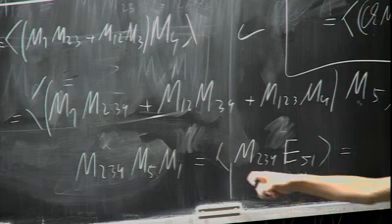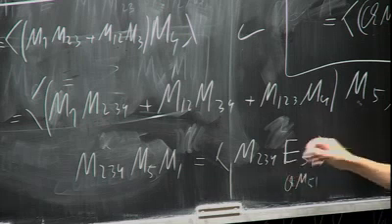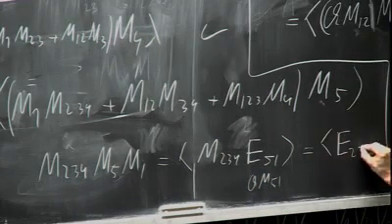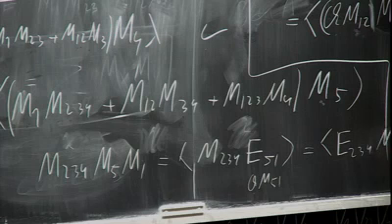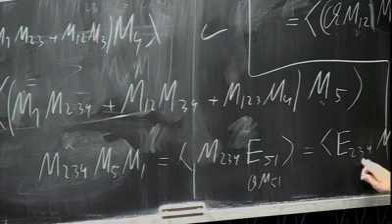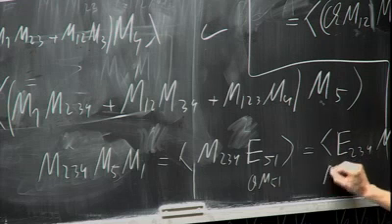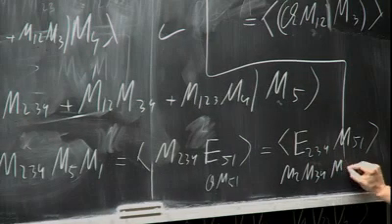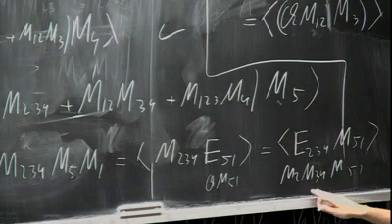So this Q there, if you do that, you get E234 M51. And now if you expand the definition of E234, you will get M2 M34, and then M51, and then another term.